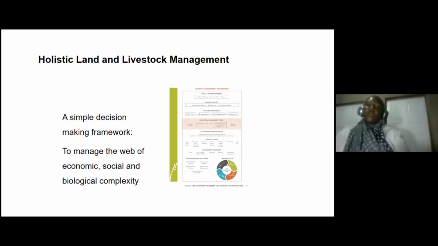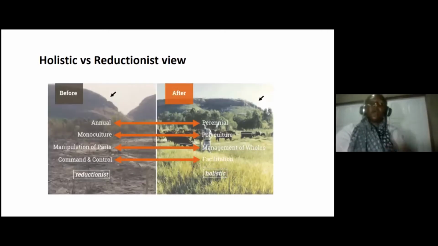If well managed, the tool of livestock has actually been bringing lots of solutions in the cropping sphere and in regenerating grasslands.